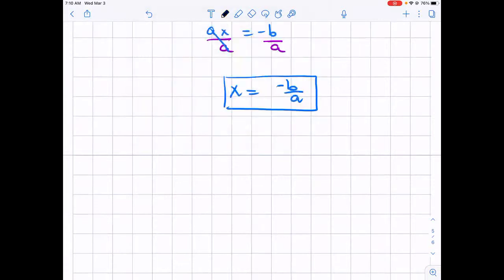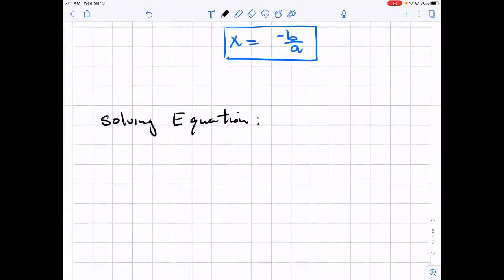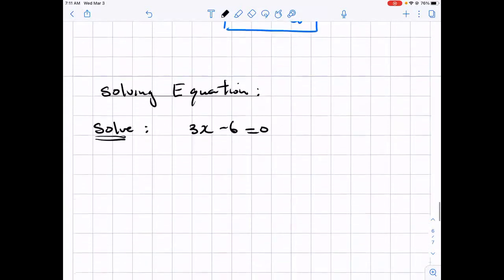So, solving equations now. We'll start off with a simple case of a linear equation. Solve 3x minus 6 equals 0. And when we say solve, we mean solve for x.